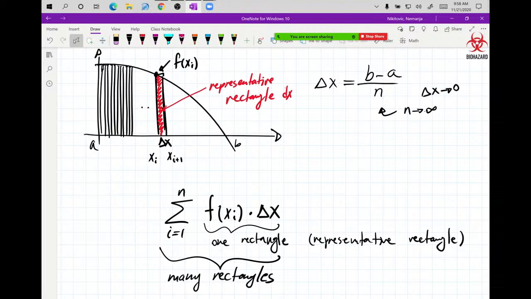If I have one rectangle calculation, which I know how to calculate because it's length times width, in this case height times width, it's fine. And then I'm going to say, well, how about I compute another 10? So I have 11, let's say. So put the summation and put that n up there to be 11, and you're good to go, right? You have 11 rectangles.